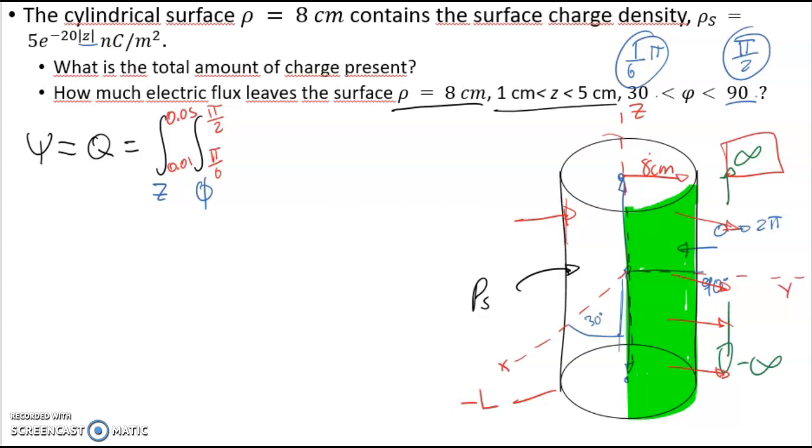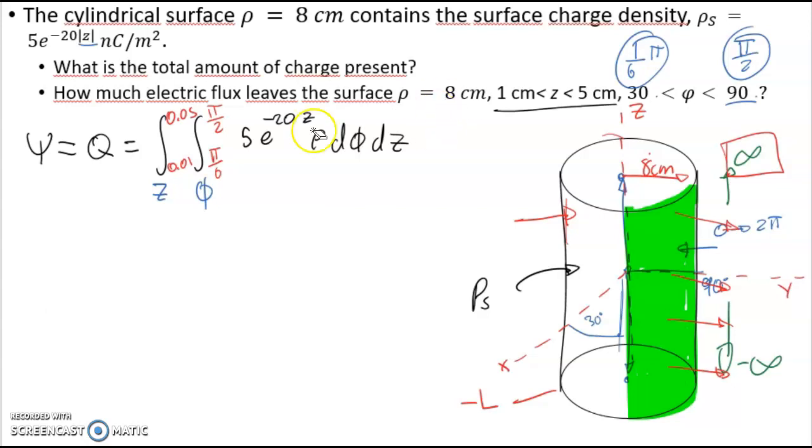And my expression of surface charge distribution, which is 5 times e to the minus 20 times the absolute value of z, which we're going to calculate only with the positive z, times the differential surface of the cylinder, which we know is rho dphi dz, like that.